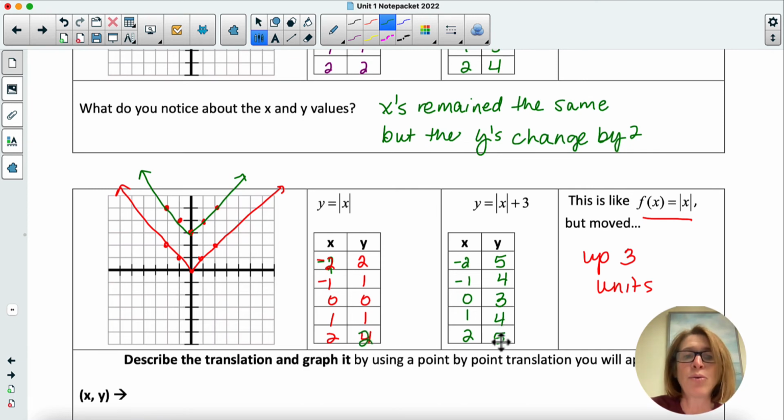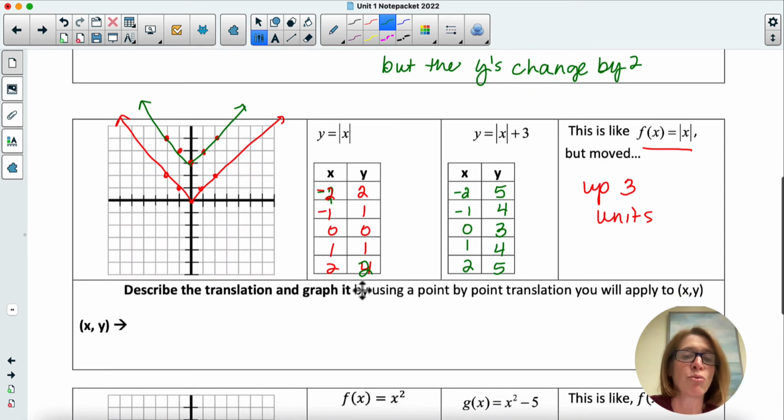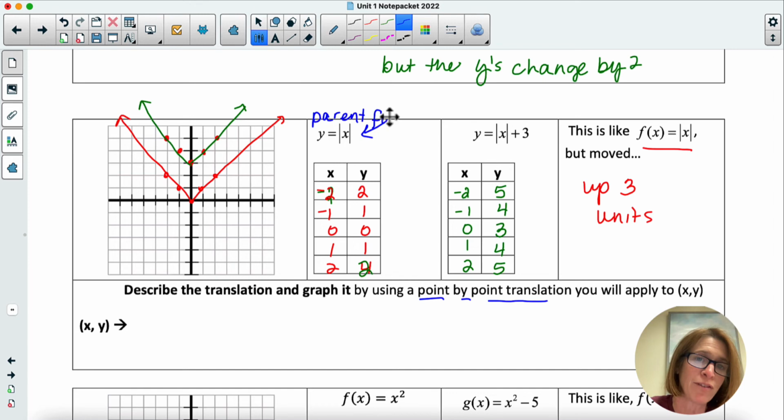Okay, so we can describe and graph these using something I like to refer to as a point-by-point translation. It's kind of like a rule that you're going to apply to the parent graph. So remember, we call this the parent function. So this parent function is the absolute value of x.